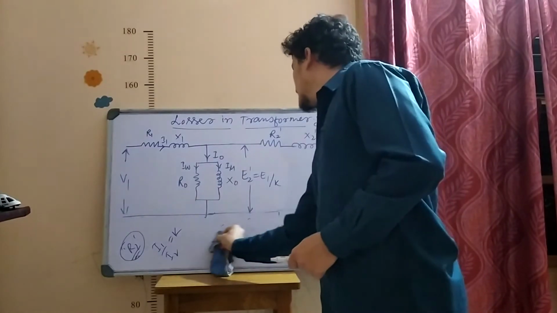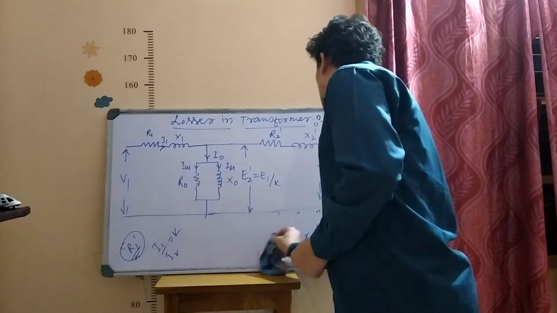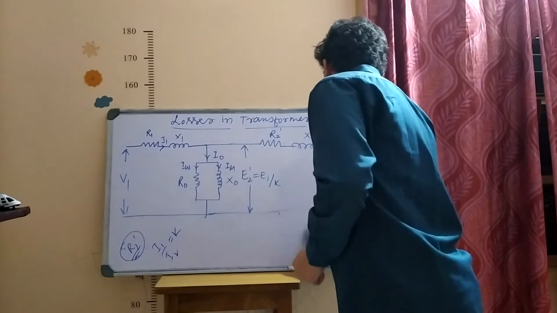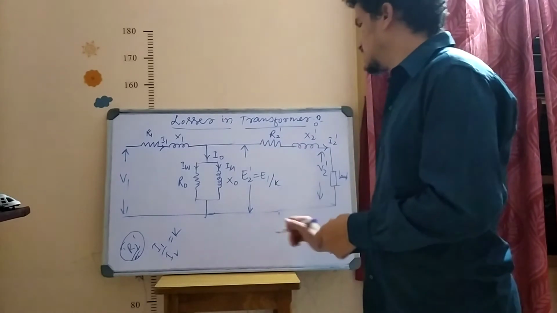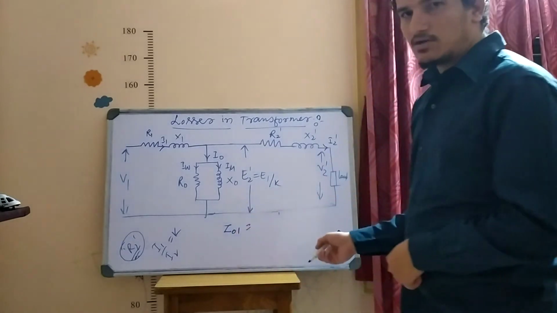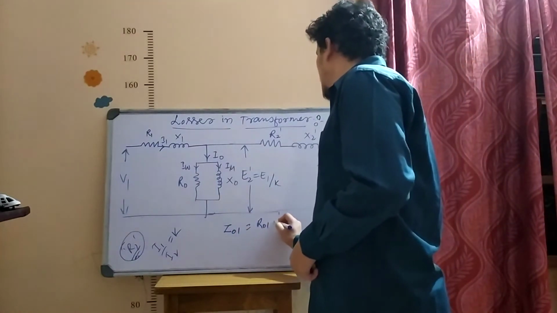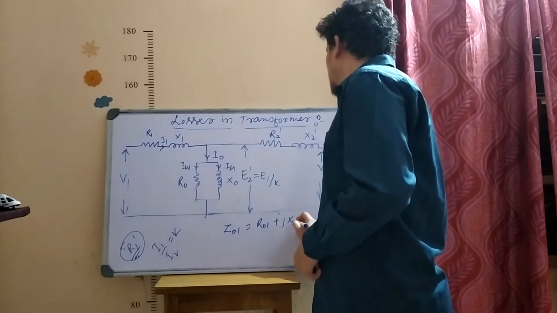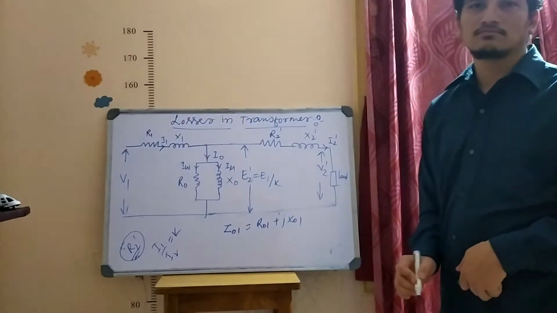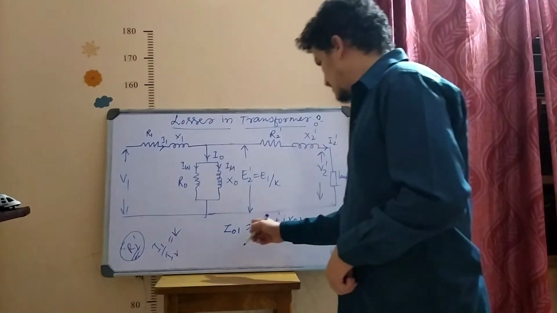In the similar way, what is the total impedance of the transformer? Total impedance of the transformer referring to primary is Z01, which is R01 plus jX01. This is the equivalent impedance.